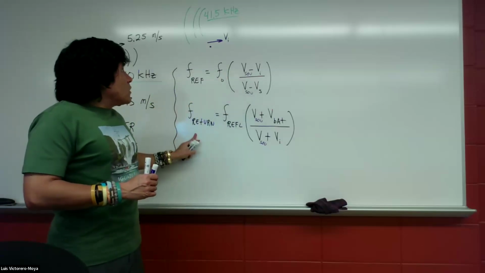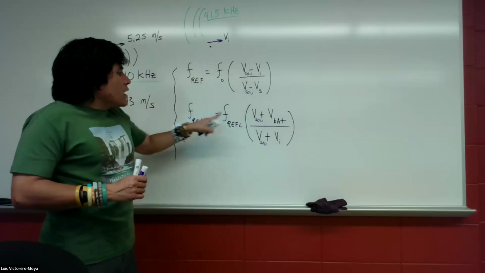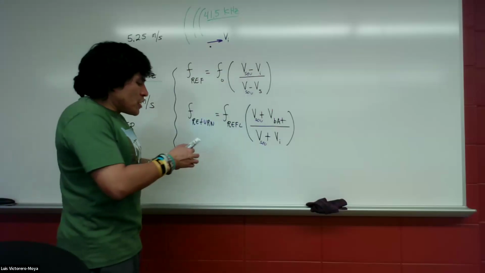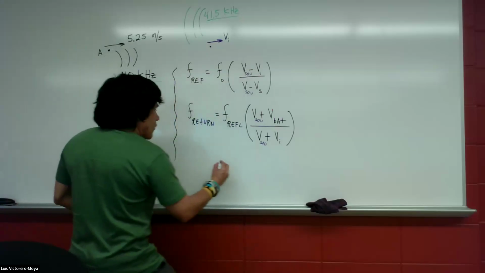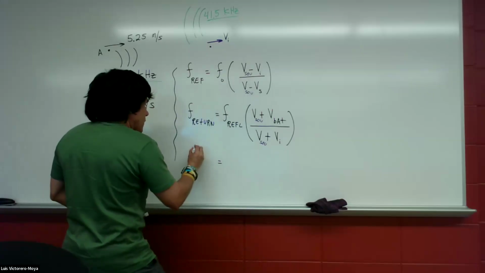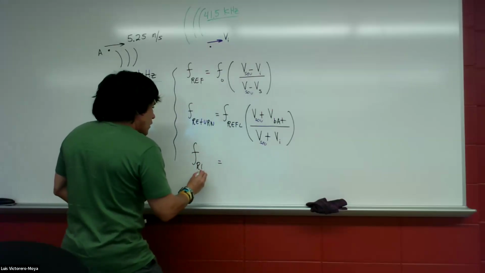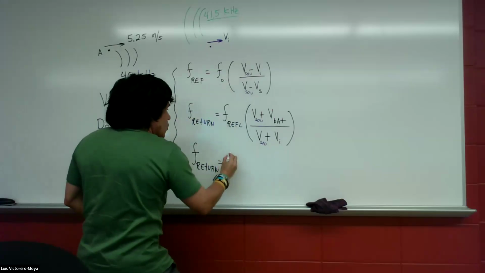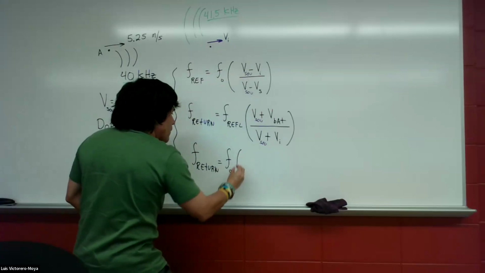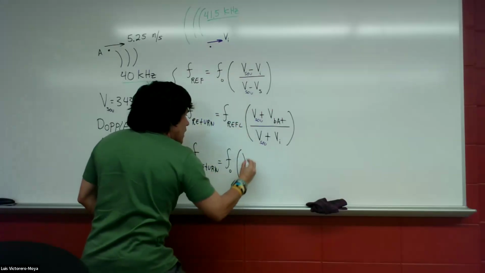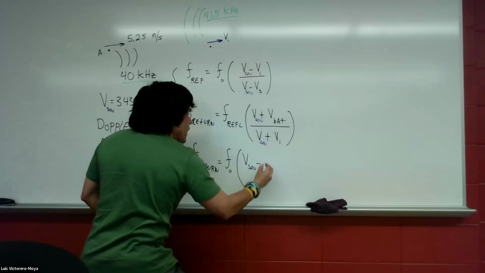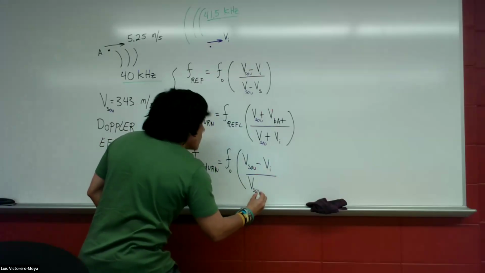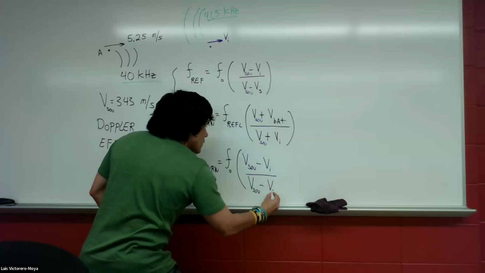But the returned frequency, which is this guy, 41.5, is the reflected frequency, which is this. So if you think about it, the F return, the frequency that was returned, is equal to F reflected, which is the initial frequency, parenthesis, speed of sound minus the insect over speed of sound minus the source.